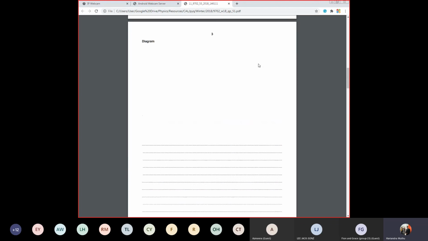I'll tell you why. Once you have drawn the diagram, your diagram now reflects what you have written. So the diagram will give an impression to the examiner, because the moment the examiner looks at the diagram, the impression that the examiner must get is that this particular experimental setup shown on the diagram is workable.